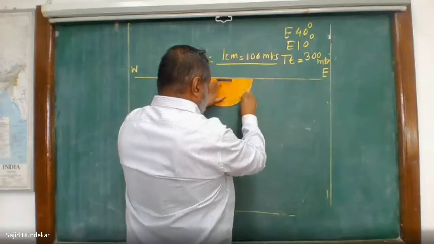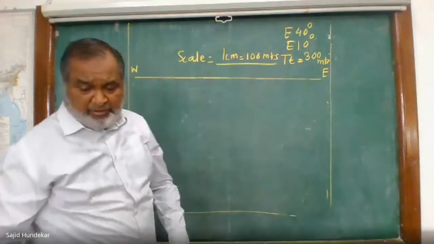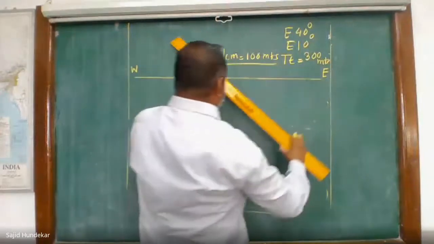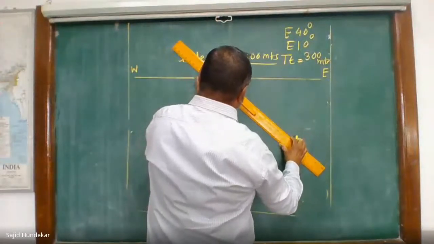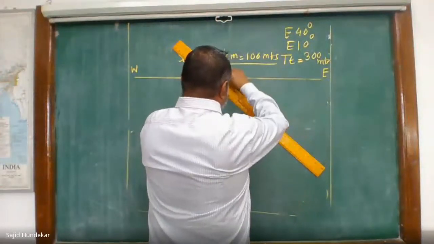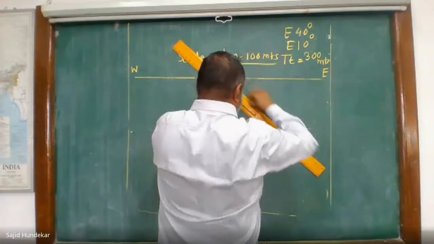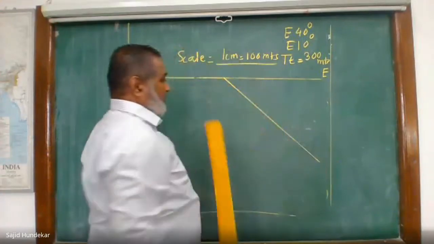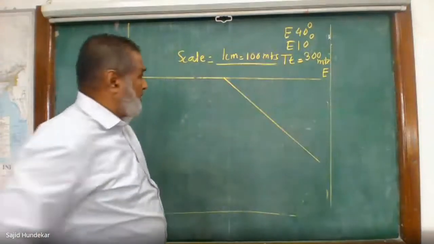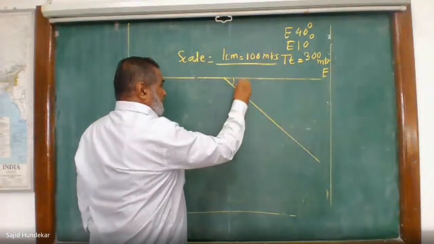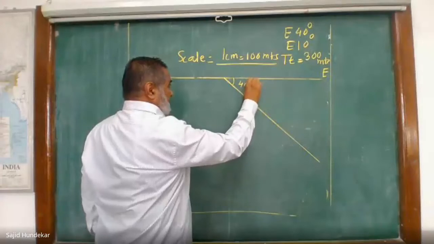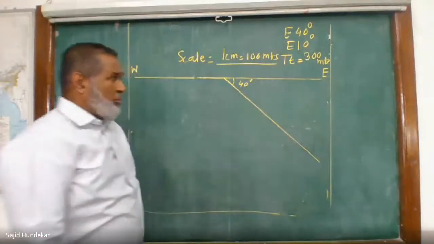Mark the point 40 degree. And now with the scale, join these 2 points. With the 40 degree, we have taken the 40 degree towards east, and this is the conglomerate bed.